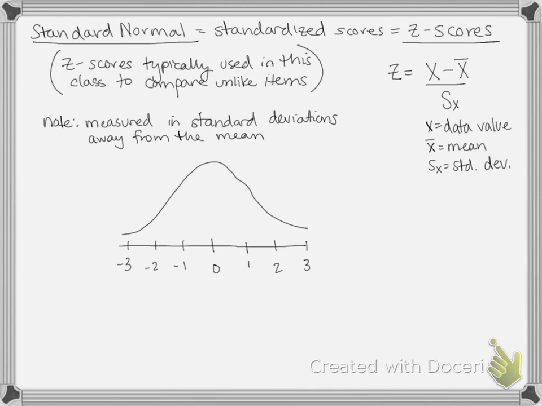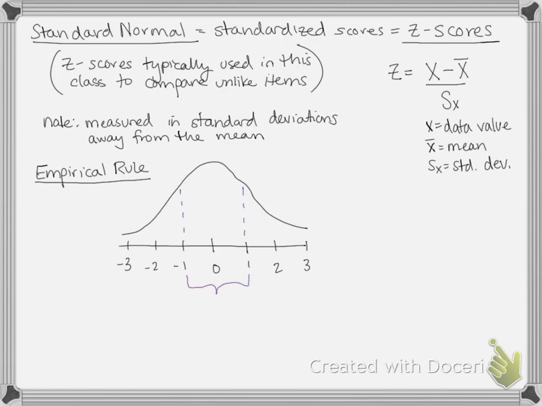So now we're going to talk about what's referred to as the empirical rule. And I'm going to use some fancy colors here because I really feel like this is best understood if we make this picture as understandable as possible. So what I'm going to do is I'm literally going to like divide this picture up.